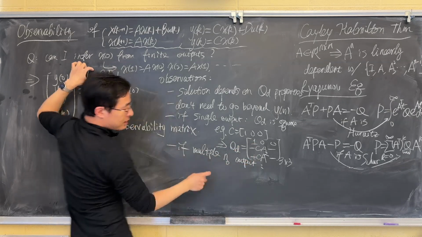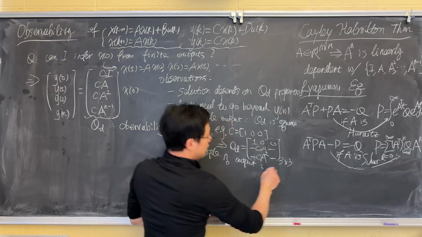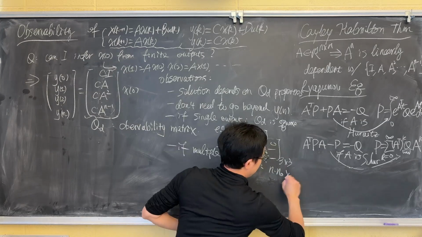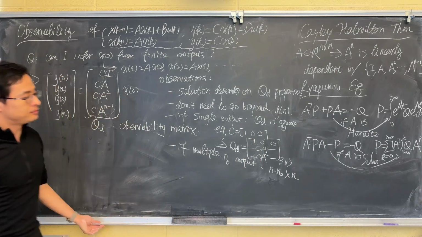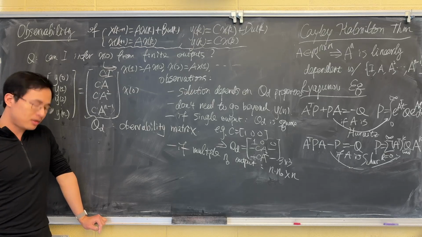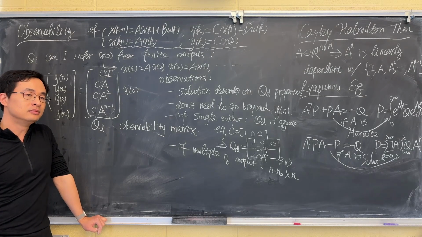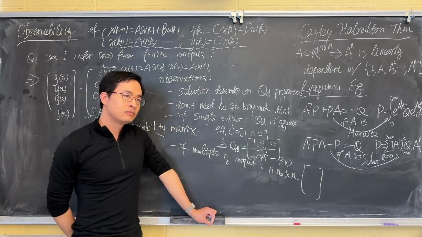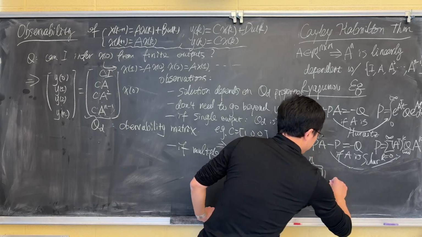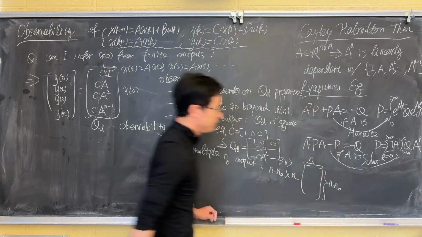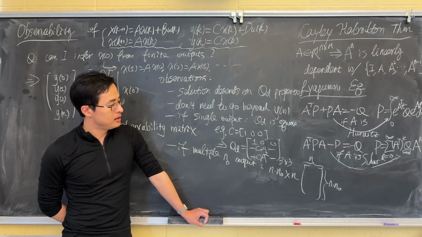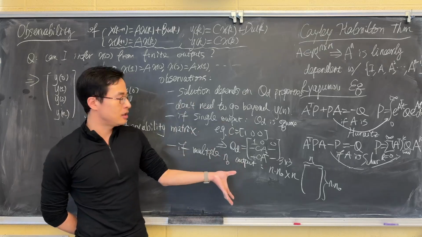If you have NO outputs, then it's going to become n times NO rows by n columns. So you have n columns and n times NO rows, and NO is larger than 1, so QD is going to become a tall matrix.